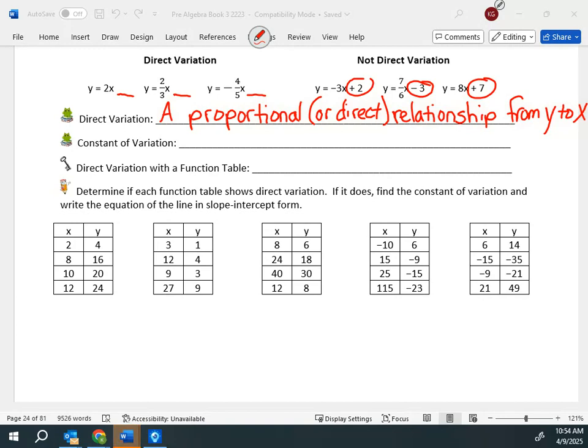Now we have a constant of variation. So the constant of variation, you take the y and you divide it by the x. So you make that fraction, y over x. This is also the what? When we have the y over the x.